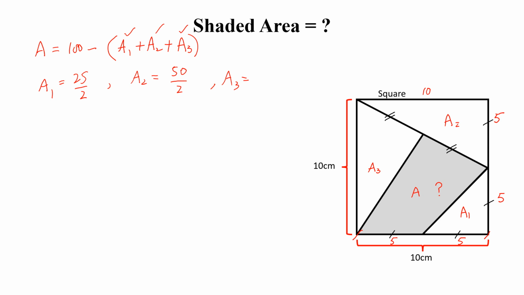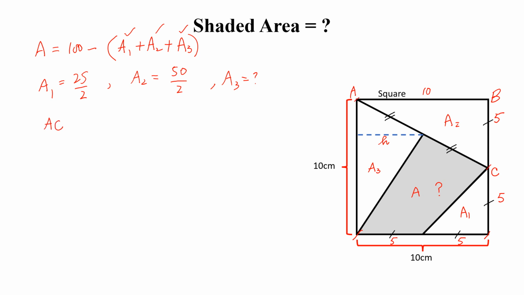How can we find A3? For A3, we need to calculate the height of this triangle. But how can we calculate the height of this triangle? This is A, this is B, this is C. So first we need to calculate AC.